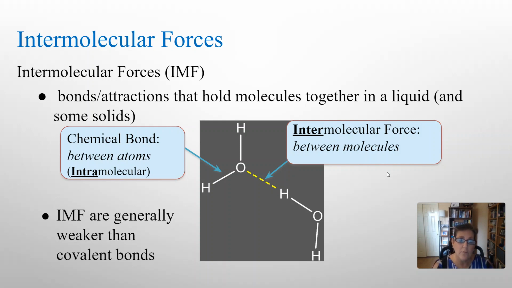Now, intermolecular forces are weaker than bonds. Okay, bonds are stronger than intermolecular forces, IMF. Okay, so this picture is really good. The white lines are bonds. The yellow dotted line is a force, an intermolecular force. Forces are between molecules. Bonds are between atoms.